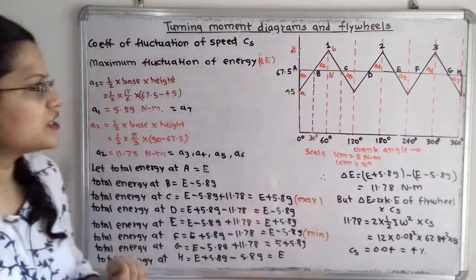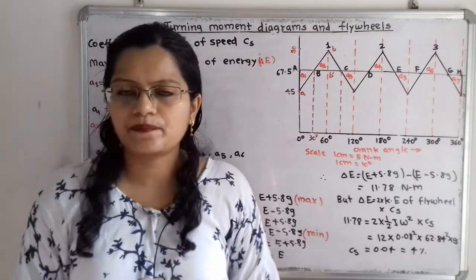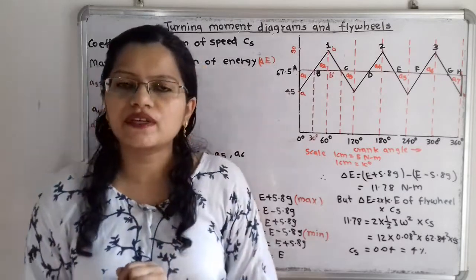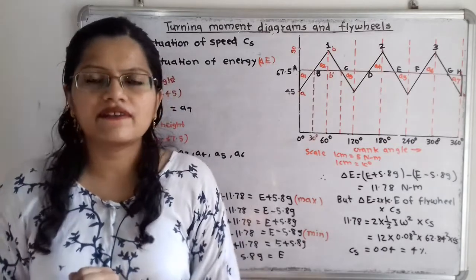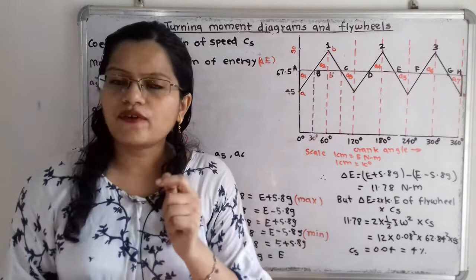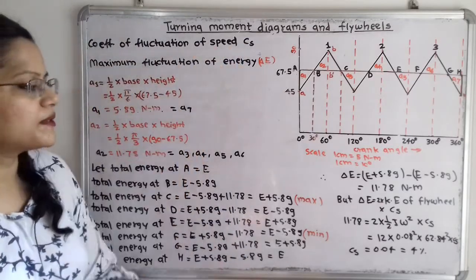Now our main question is that we have to find out the coefficient of fluctuation of speed. But we know that maximum fluctuation of energy is equal to 2 multiplied by kinetic energy of flywheel multiplied by the coefficient of fluctuation of speed. So from that formula we can calculate the value of Cs.